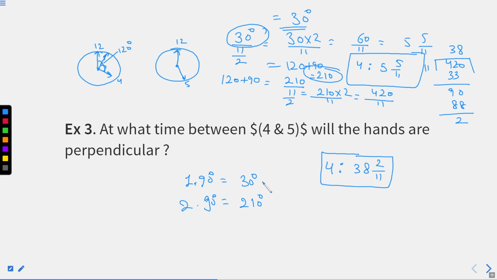So the time taken for both is this. For 30 degrees it is 5 minutes and 5 by 11, and for 210 it will be 38 and 2 by 11. I hope you are covered with these two things. And all these things are happening post 4, so we'll get both these in our answer.